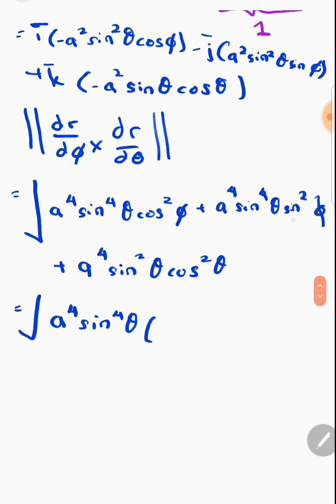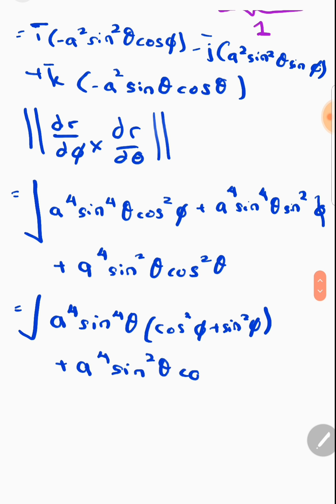So the first and second terms will then be a power 4 sine power 4 theta times cos square phi plus sine square phi, plus a power 4 sine square theta cos square theta.